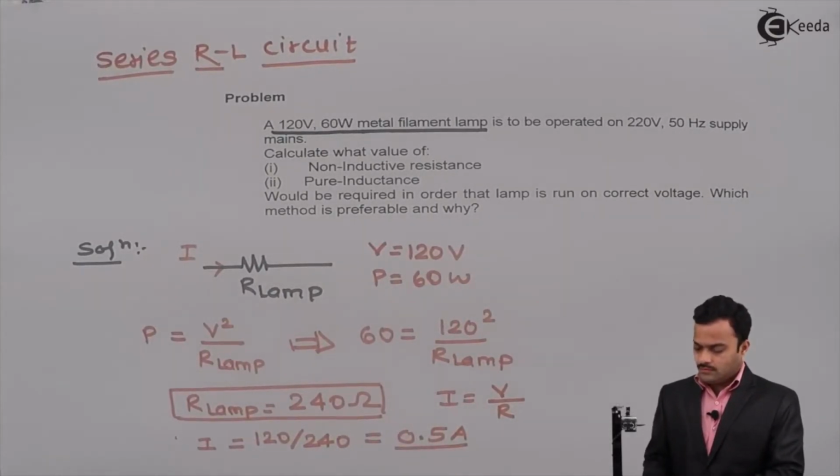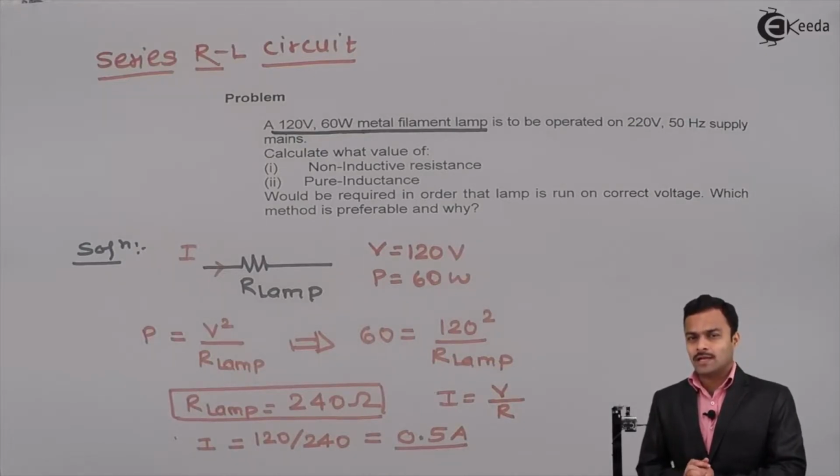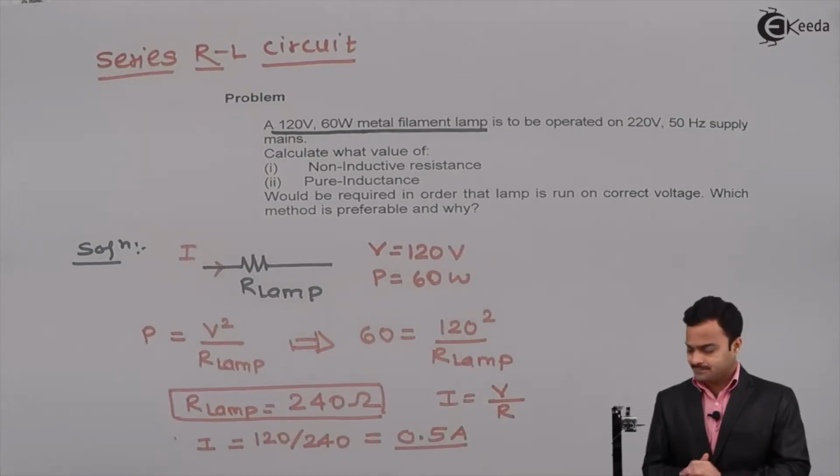Till now we are just talking about a lamp. We have calculated the resistance of the lamp and what current it should take in order to give light corresponding to 60 watt.